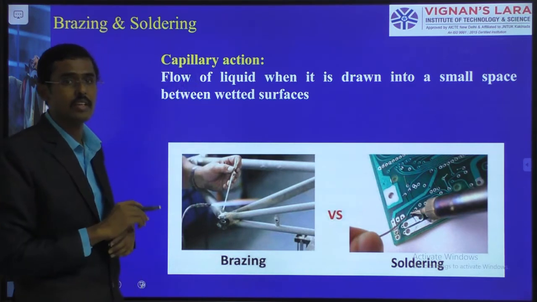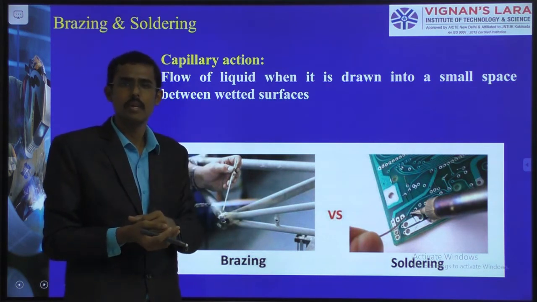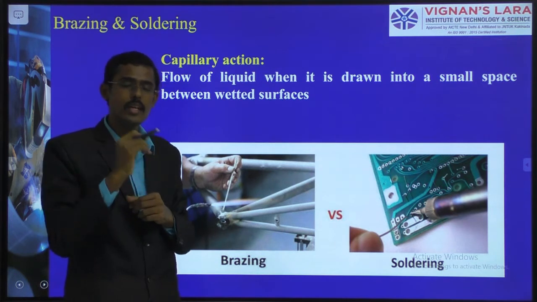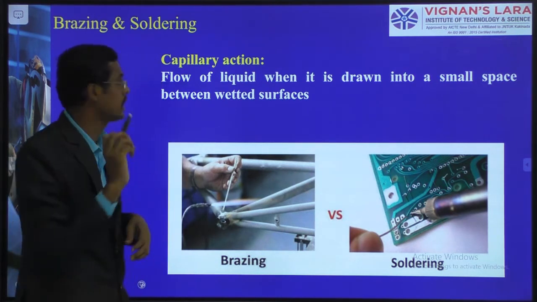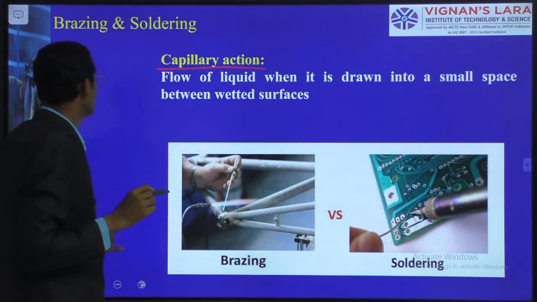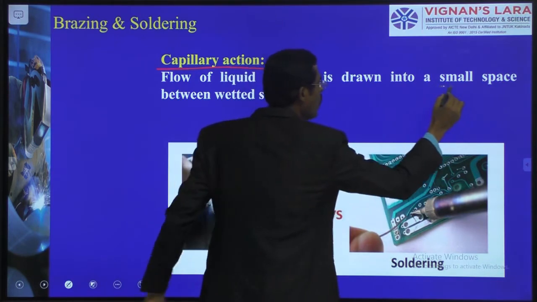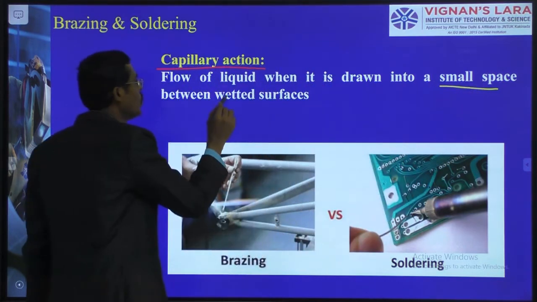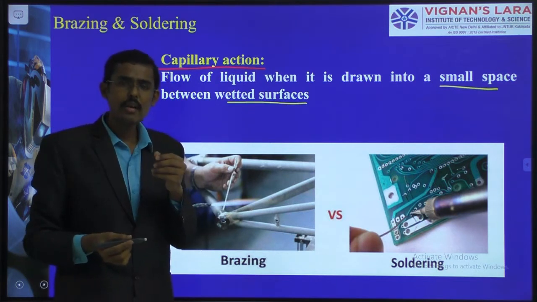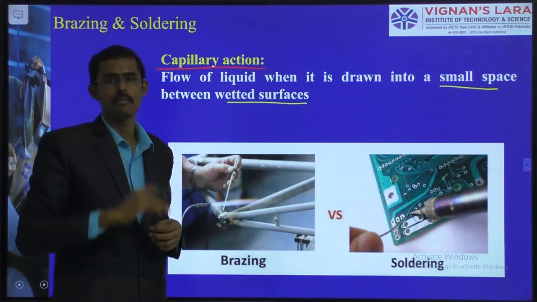How does this happen? If the two faying surfaces and the filler wire are melted, then they can be joined by mixing and metallic bonding. But here the joining happens through capillary action, which is the flow of liquid drawn into a small space between wetted surfaces. After melting, the filler material gets fluidity to flow everywhere.